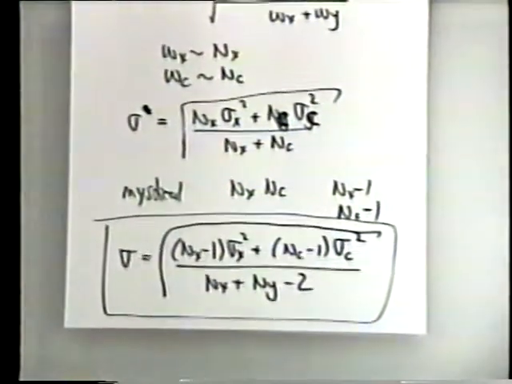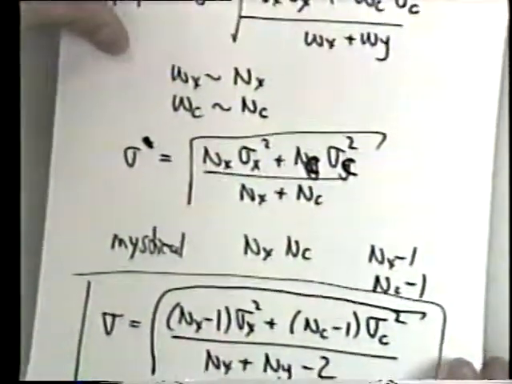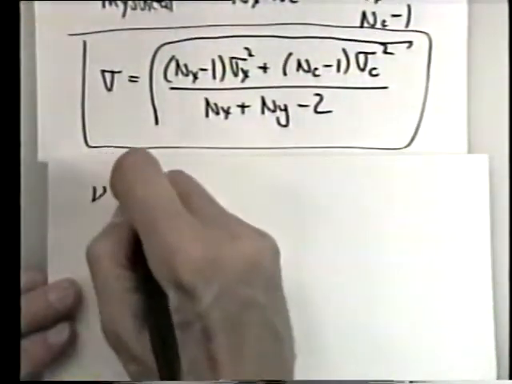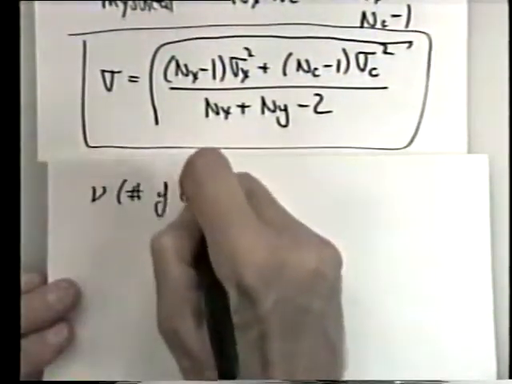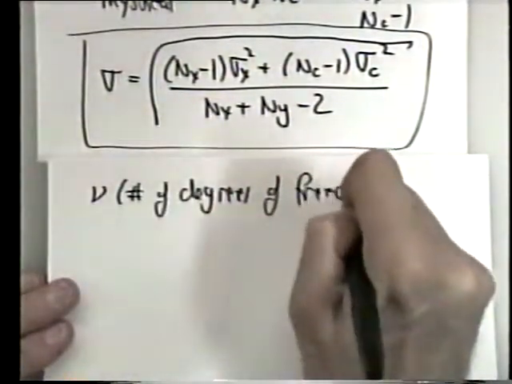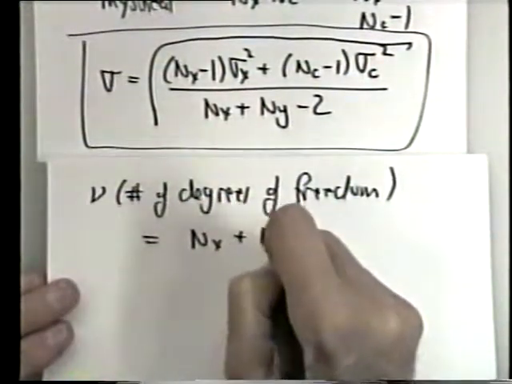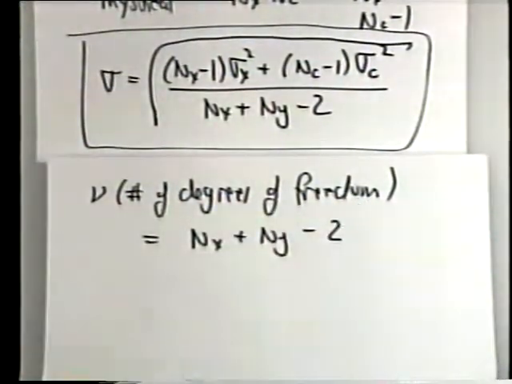Okay? And this is also going to imply that the number of degrees of freedom will be equal to nx plus ny minus 2.